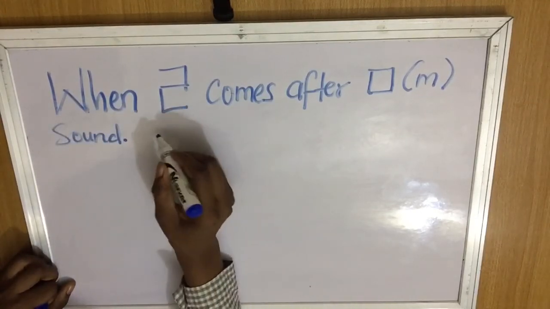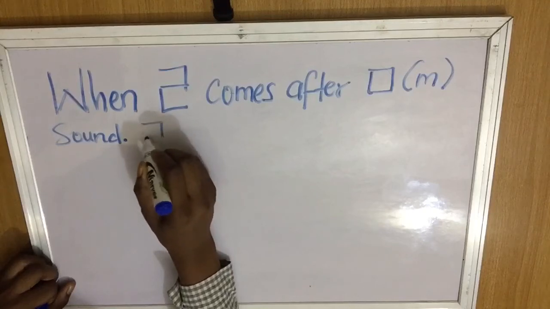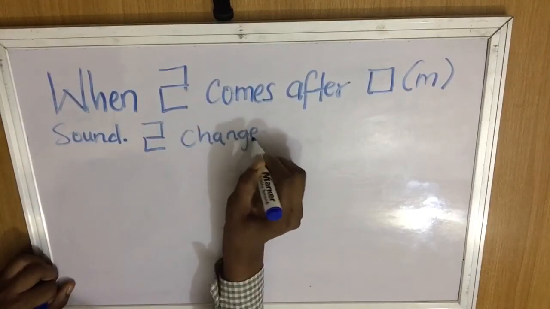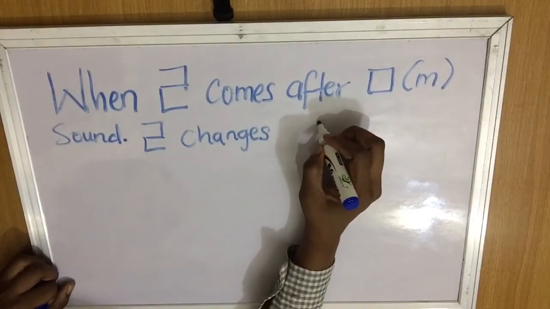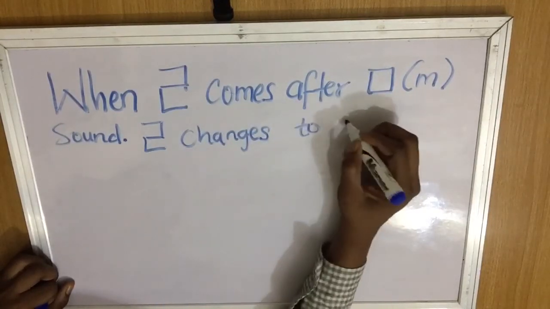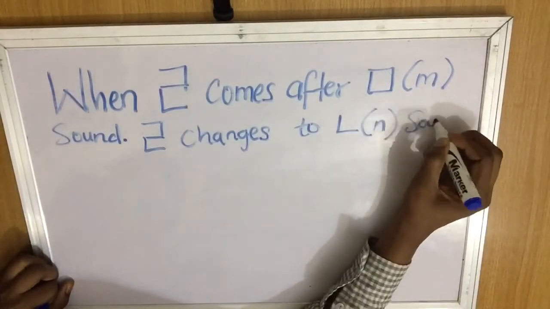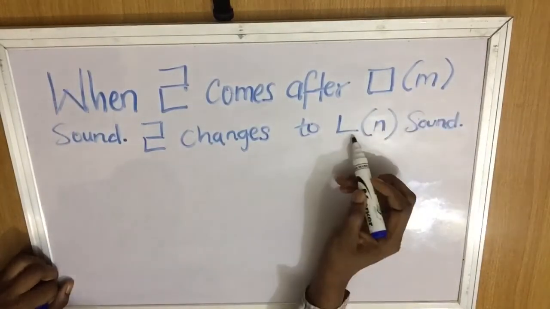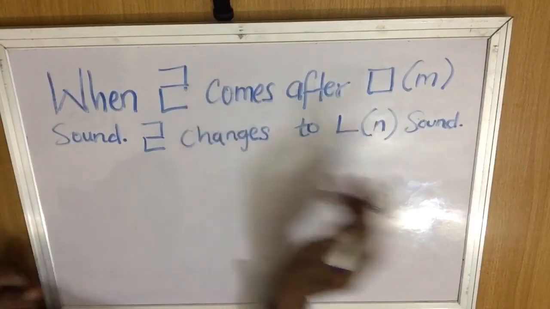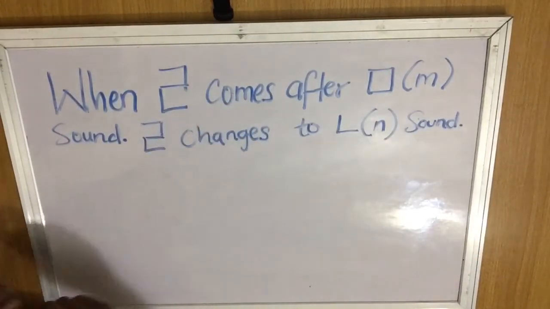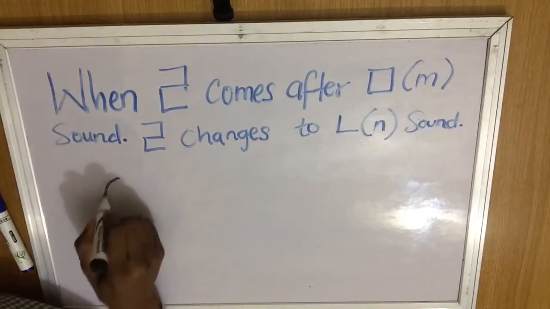Okay, le changes sound to nian, N sound. I think nian and re kind of have a relationship, like they're best friends or something, because they're always switching sounds. Alright, we have this word.